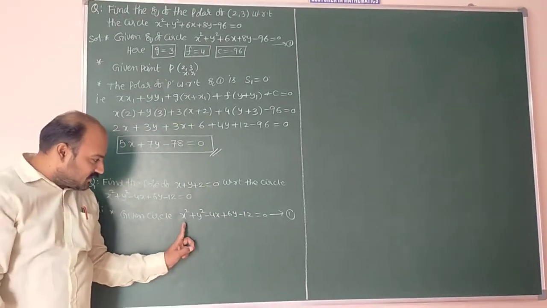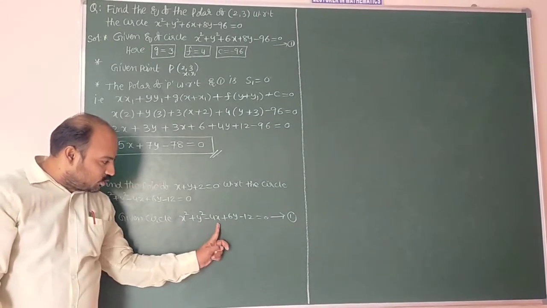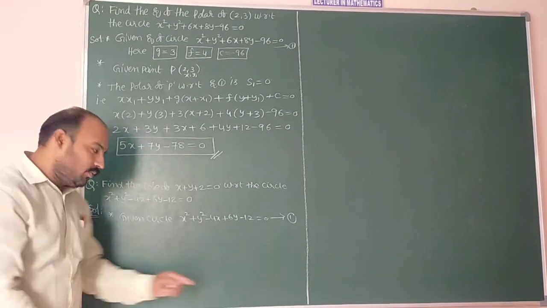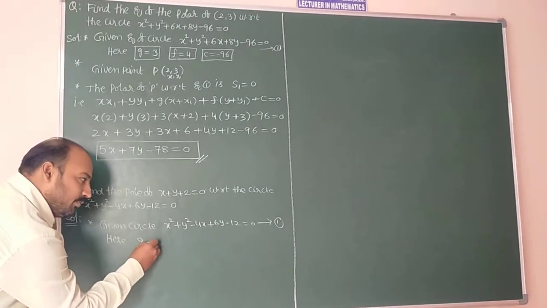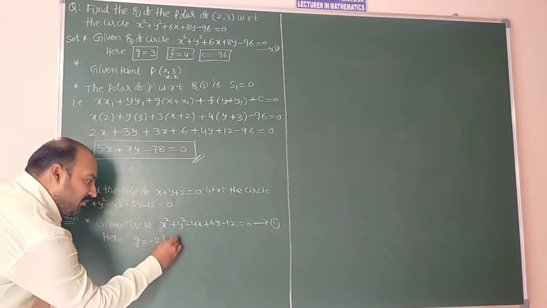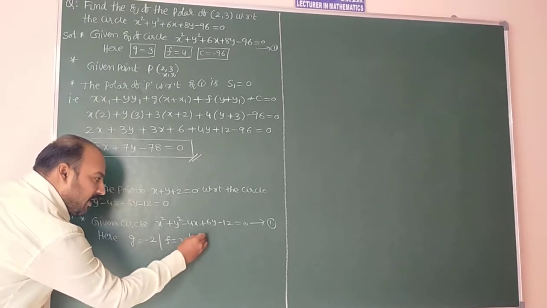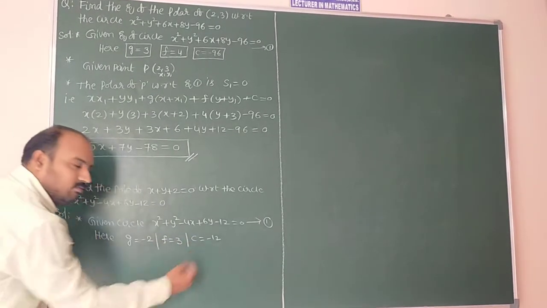Compare with the general equation of circle x square plus y square plus 2gx plus 2fy plus c equal to 0. Here g is equal to minus 2, f is equal to 3 and c is equal to minus 12.